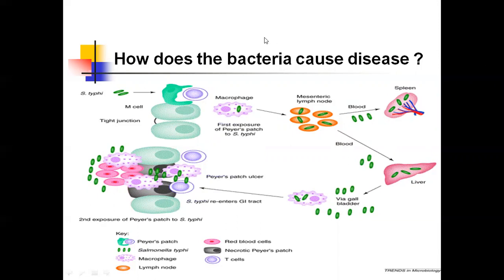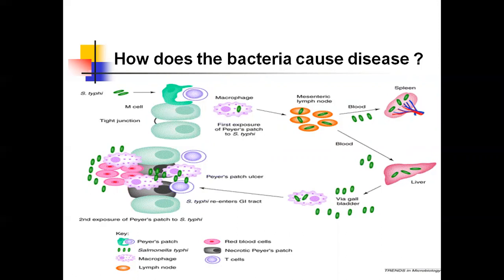After entry of Salmonella typhi, the first protection against bacteria develops within the Peyer's patch region of ileal mucosal cells. At the junction between mucosa and submucosa, a lymph node is present.